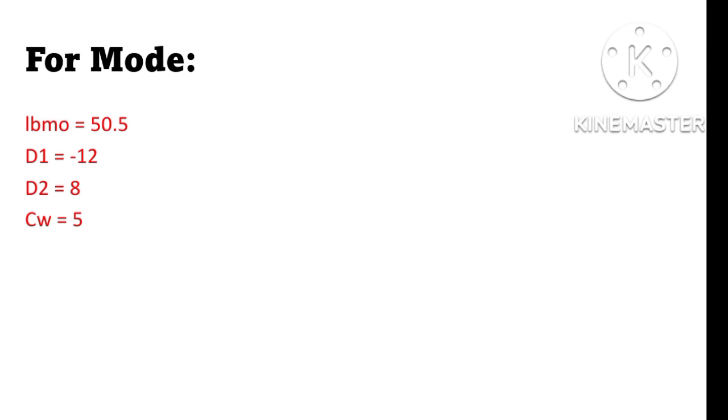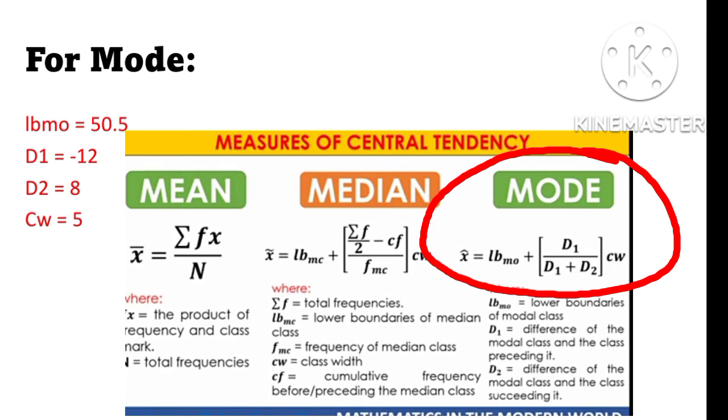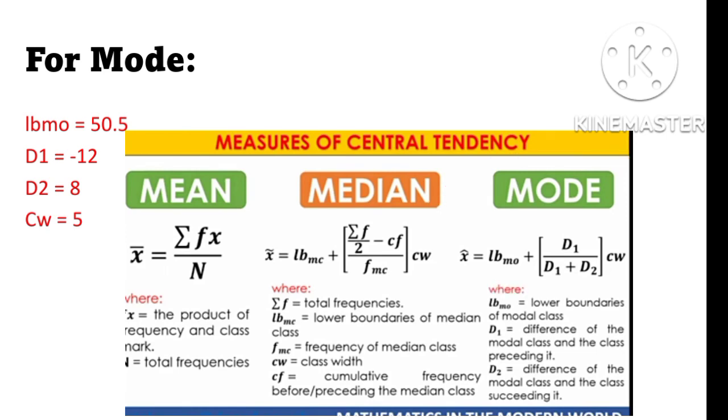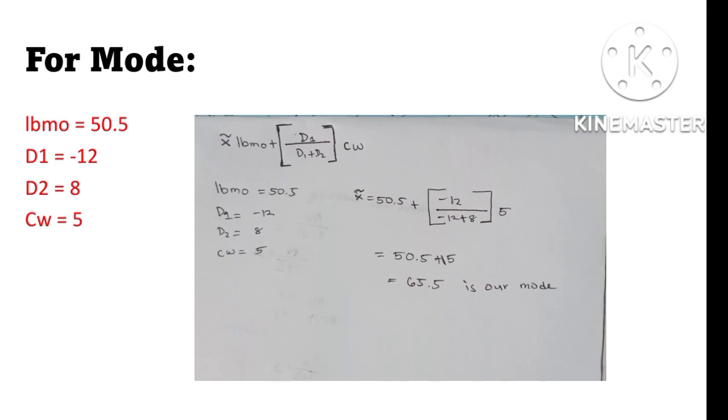So let us solve for the mode. Again, the formula is LB sub MO plus D sub 1 over D sub 1 plus D sub 2 times class width. First, negative 12 plus 8 is equal to negative 4.